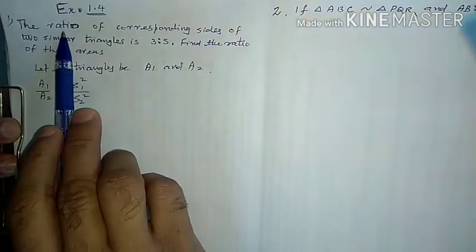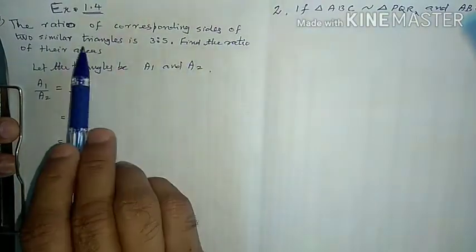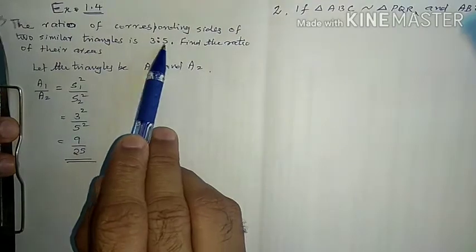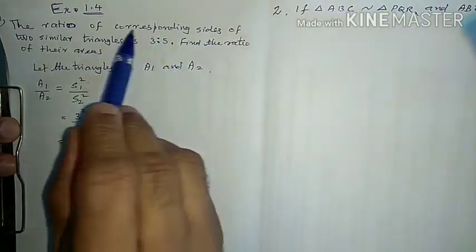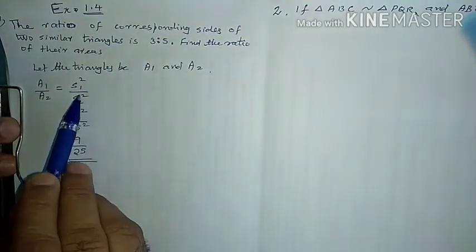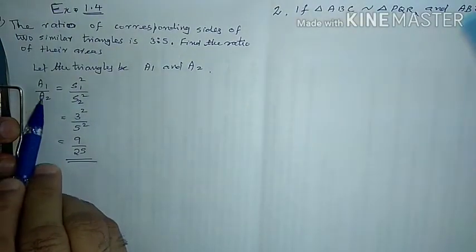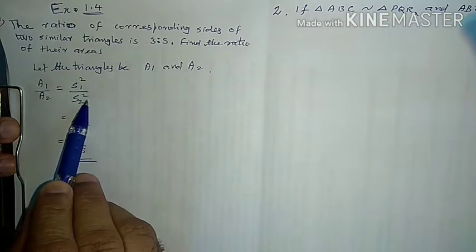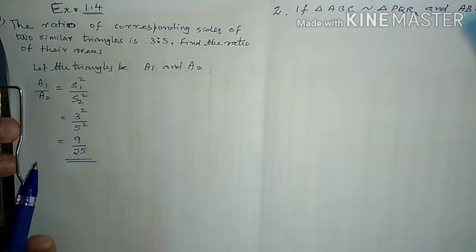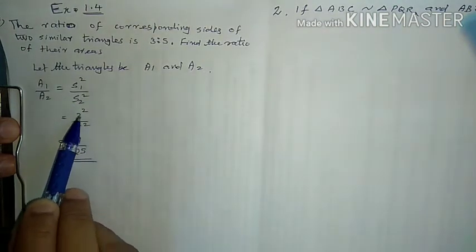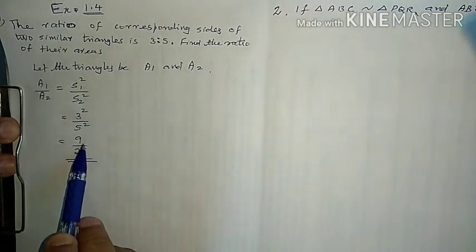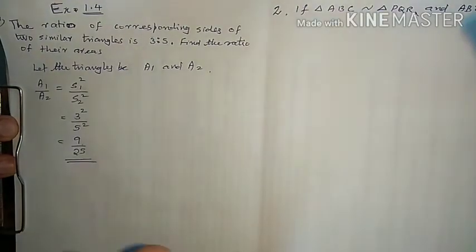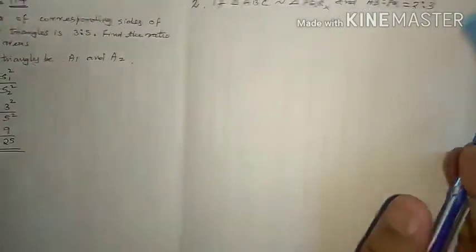Given the ratio of corresponding sides is 3:5, what is the ratio of areas of these two triangles? Ratio of squares of corresponding sides. 3 square 9, 5 square 25. That's the first question. Very simple. Now next one.